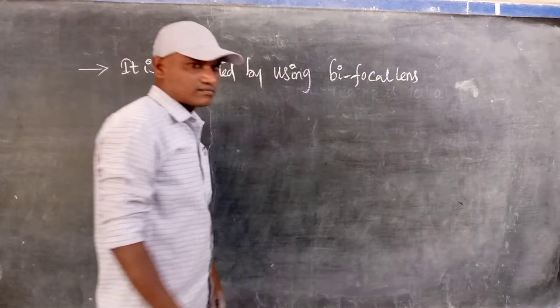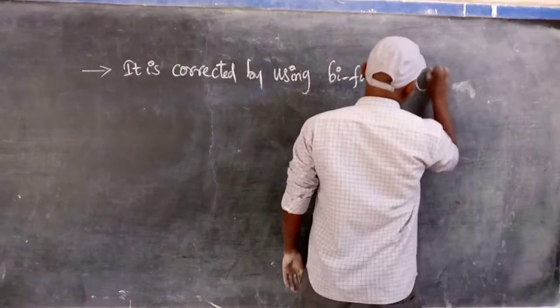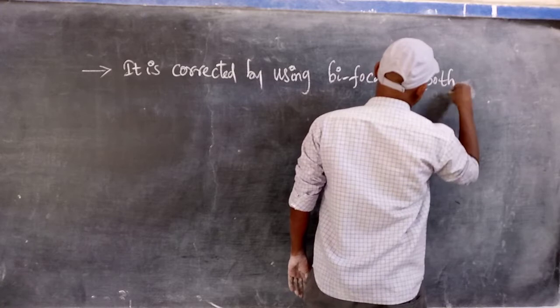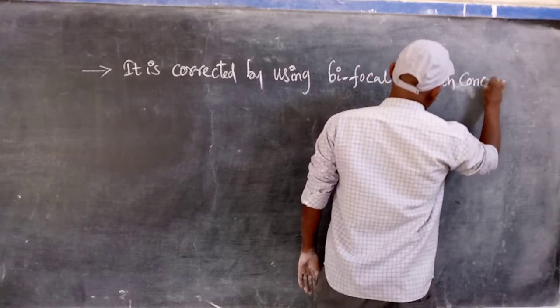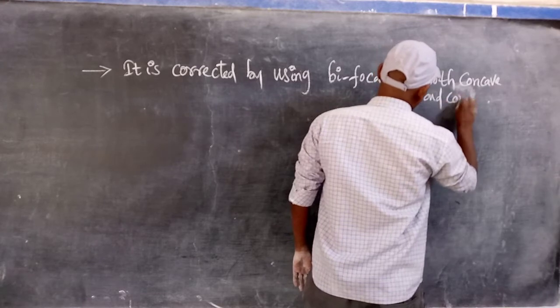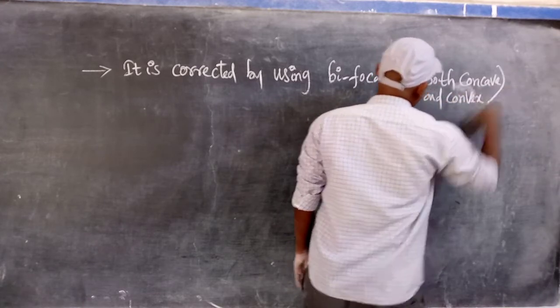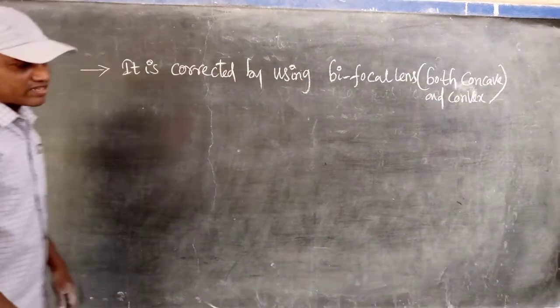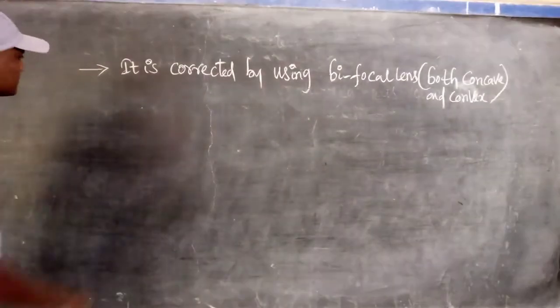A bifocal lens is nothing but both concave and convex, in spectacles.